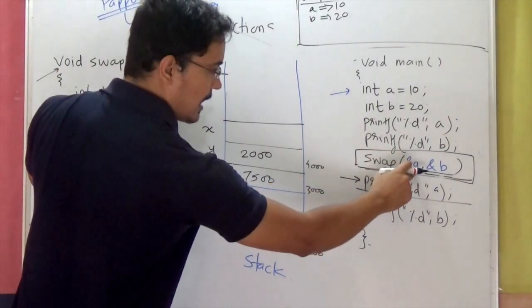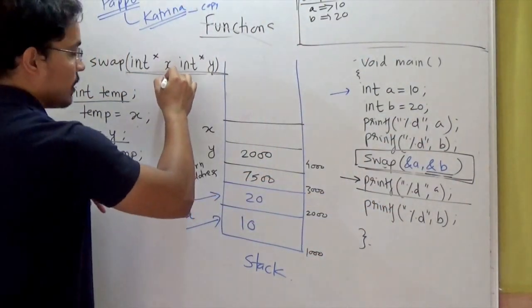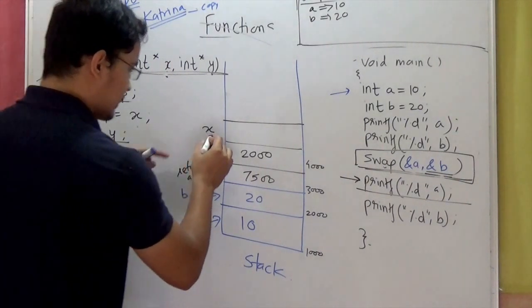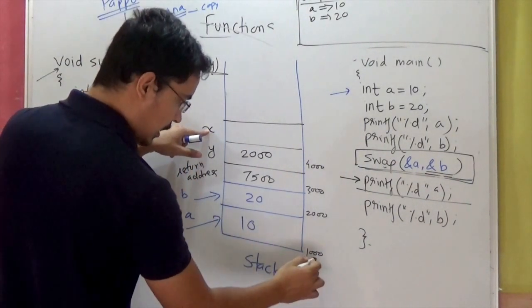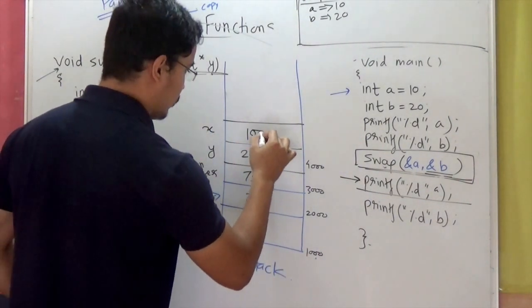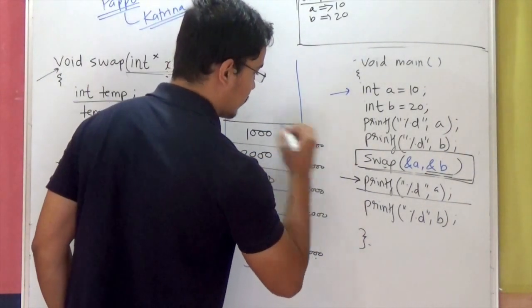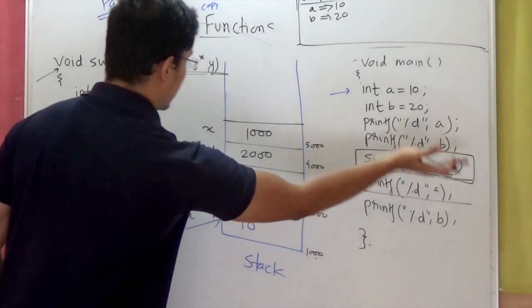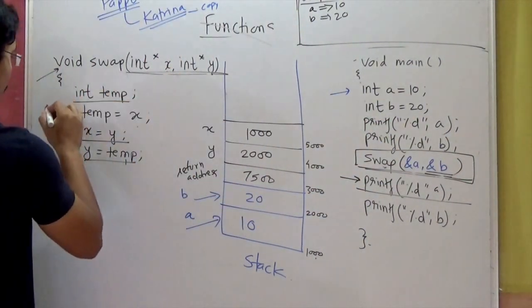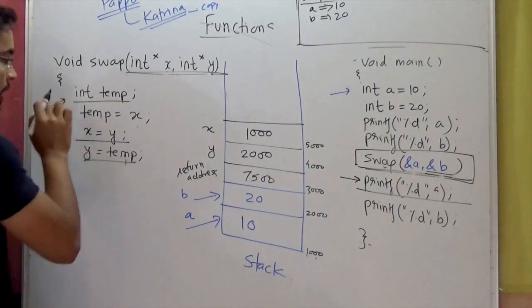Address of a will be copied into x. So address of a is 1000, and that will be copied into x. X itself will have some address, let's say 5000. Once the parameters are copied, we'll move on with the execution. So execution will come here.